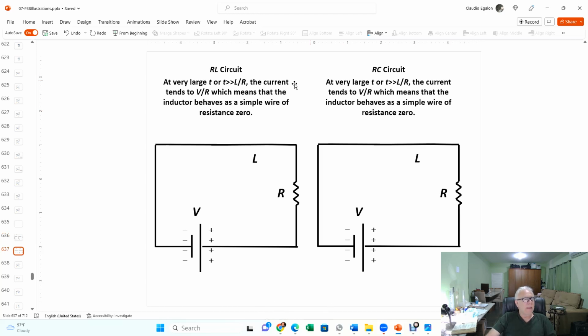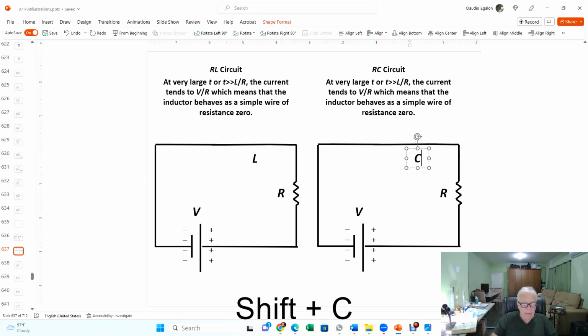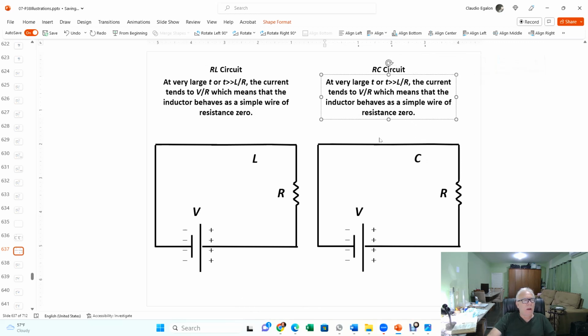For the inductor, whenever t is much larger than L divided by R, then the inductor behaves as though it is a zero resistance element. And the capacitor also behaves in this way, but not for very large t, but for the small t's, right?